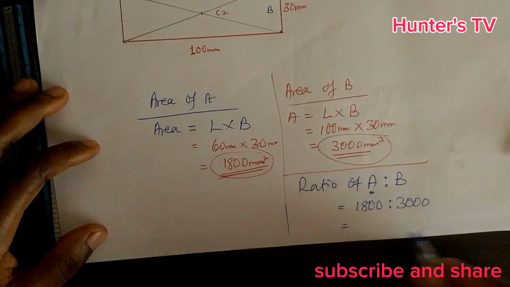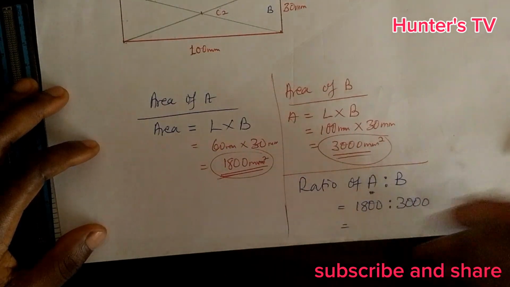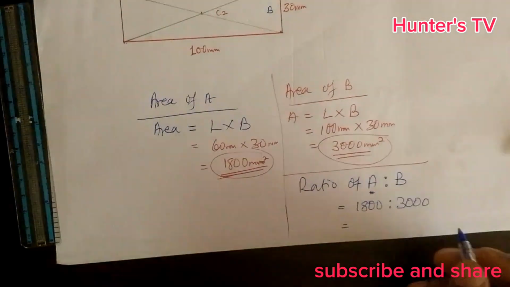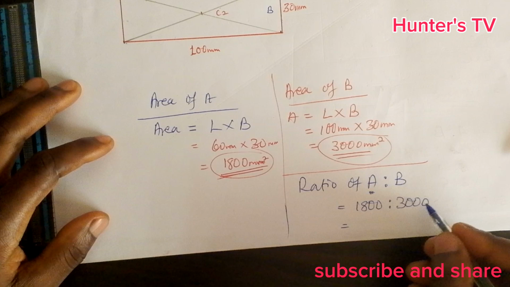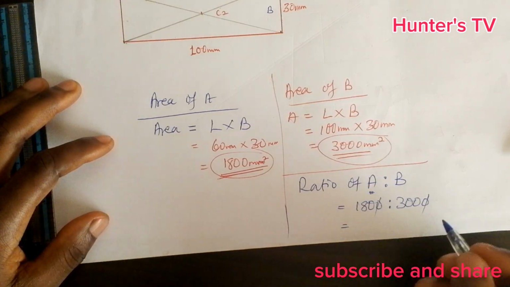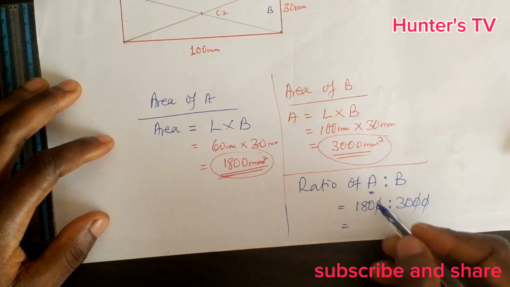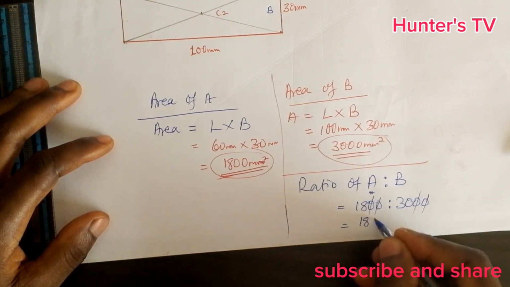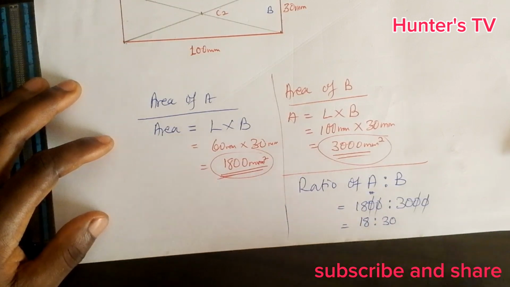Then we have to simplify, break the two numbers down to the simplest form. This 0 will cancel this 0, and this also cancels this. We have 18 is to 30.